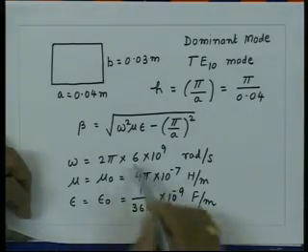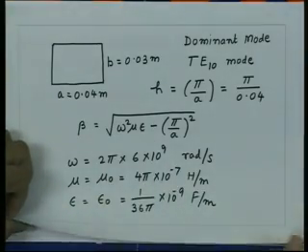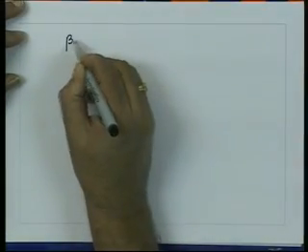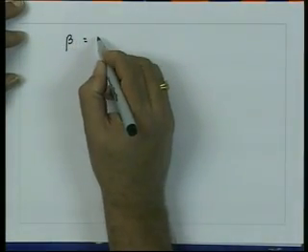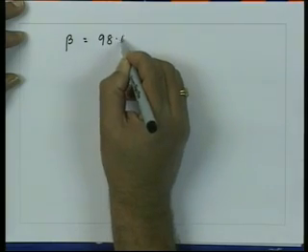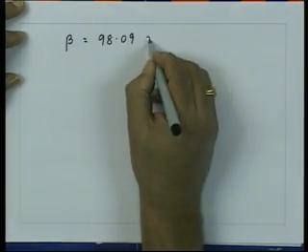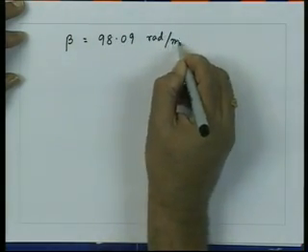So, if I substitute all these values in this expression, we get the phase constant for this mode, beta, that is equal to 98.09 radians per meter.